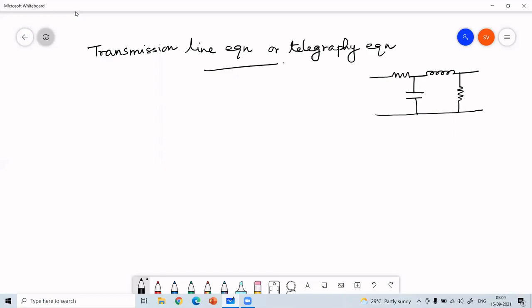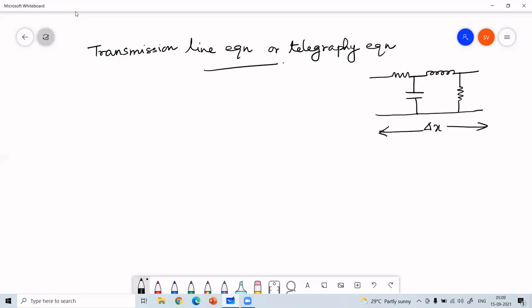But here I am considering a transmission line having a finite length delta x. So suppose that this is a transmission line having a length delta x.